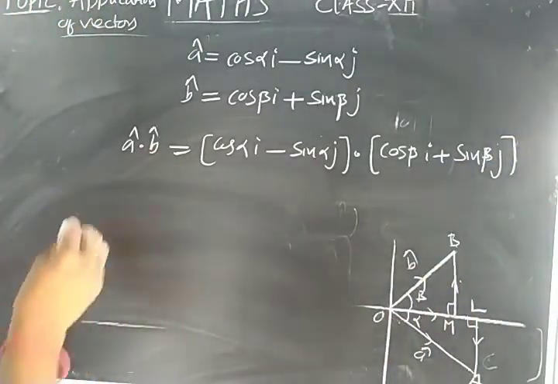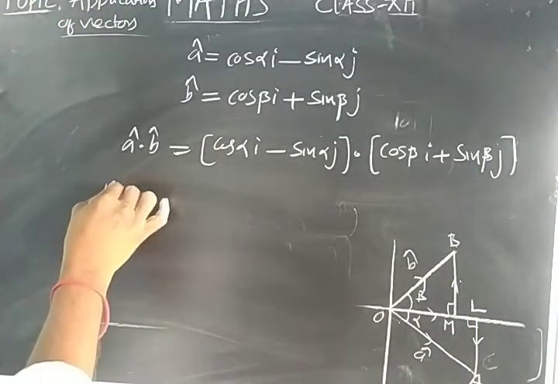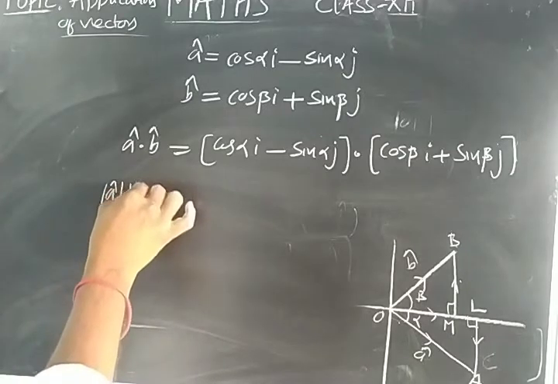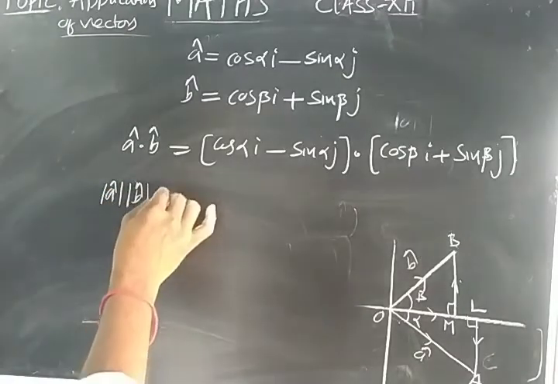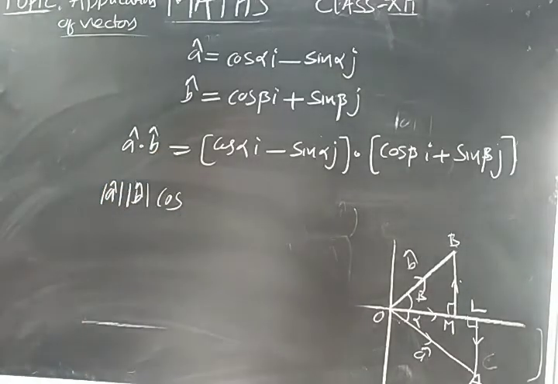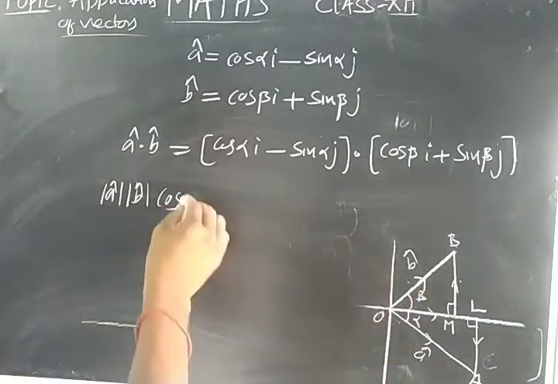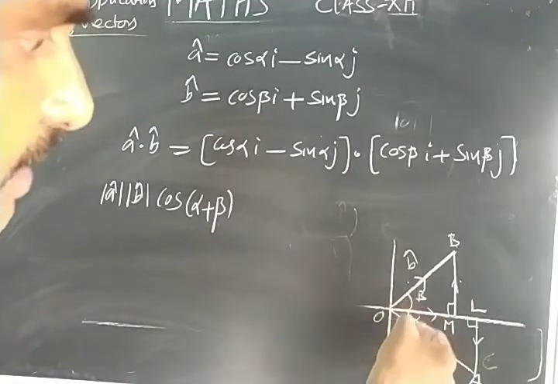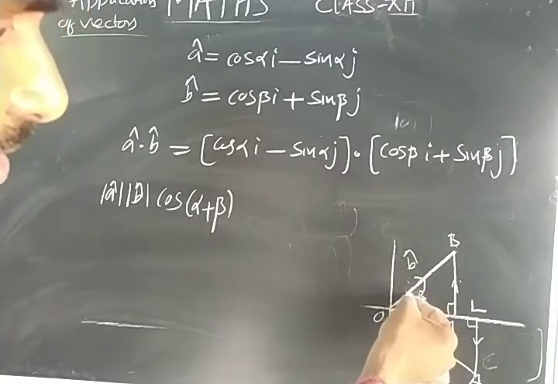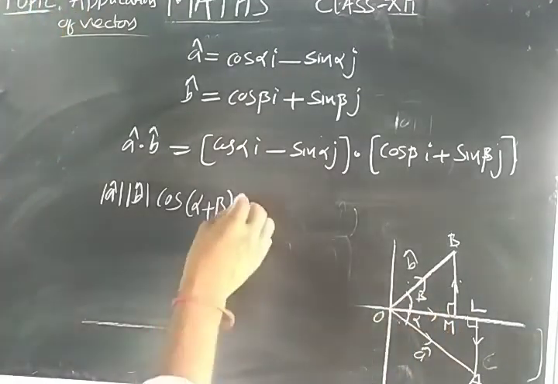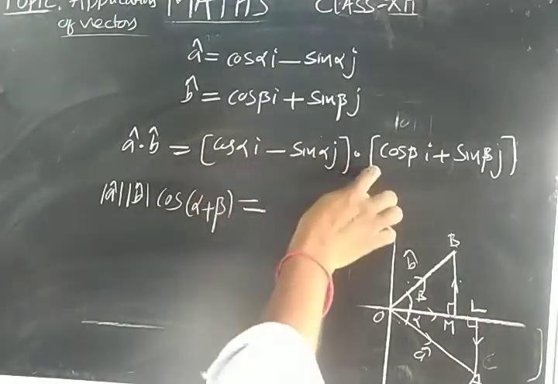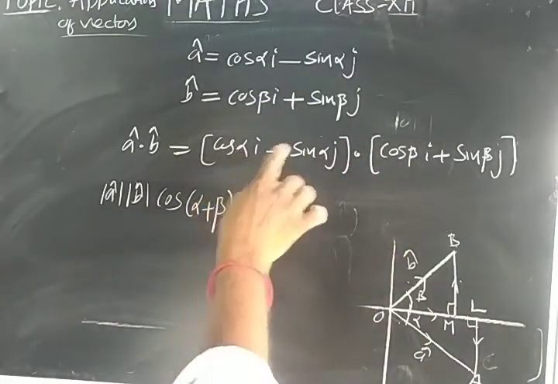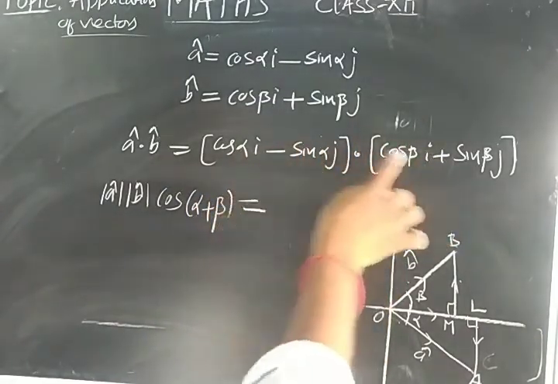A cap dot B cap equals mod A cap, mod B cap, cos of the angle between A and B in the counterclockwise direction, which is cos of alpha plus beta. Now the dot product of these two vectors means the corresponding components you should multiply.